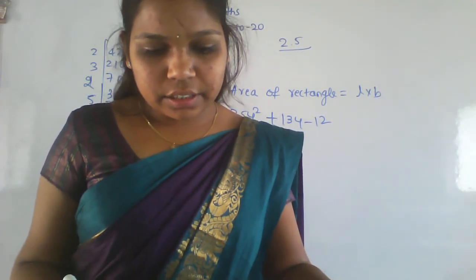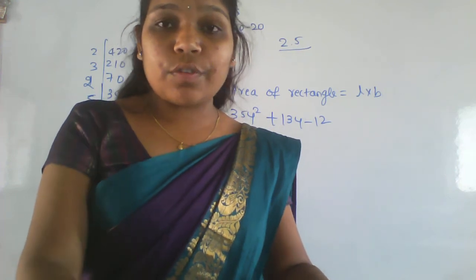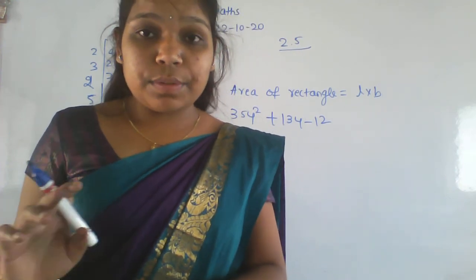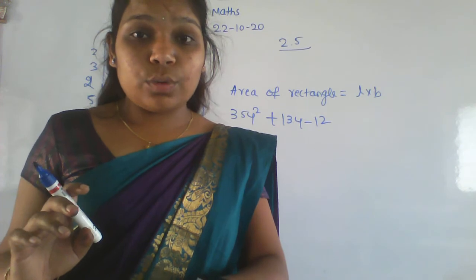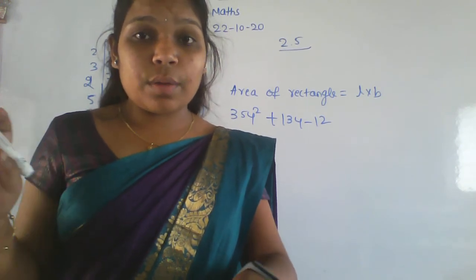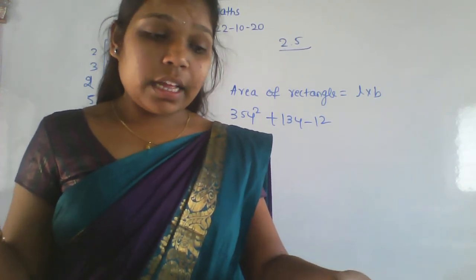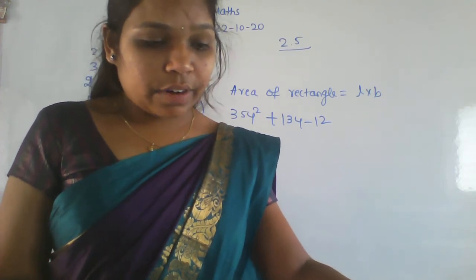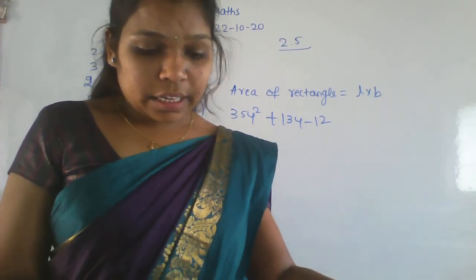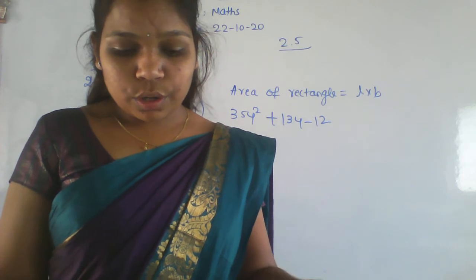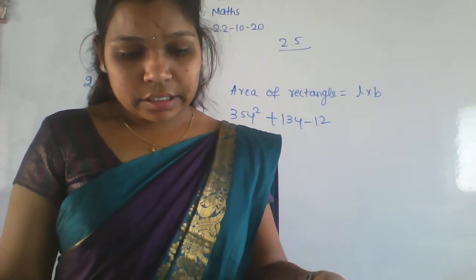And for finding the factors, if you can't find the factors, then use the formula. You know the formula, right? That is x is equal to minus b plus or minus root of b squared minus 4ac divided by 2a. That formula also you can use and find the roots. In that type also we can find the factors.